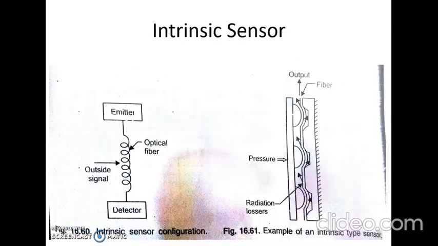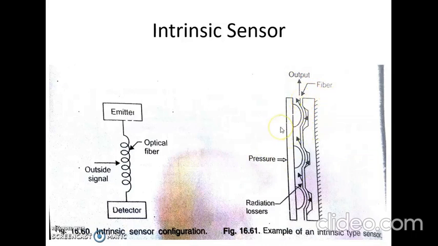Now let us see intrinsic sensors. In the case of intrinsic sensors, the intensity modulation of light takes place within the fiber. In this case, the intrinsic sensor is used to measure quantities like pressure in terms of change in the intensity of light at the output of the optical fiber.